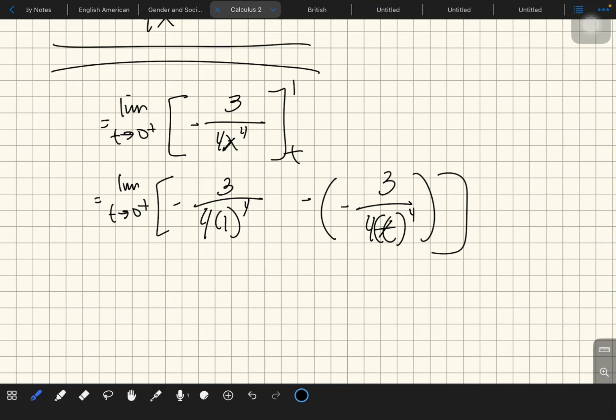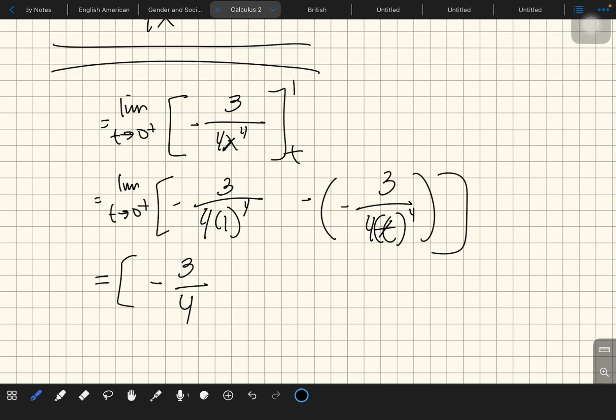So let's apply the limit. 1 raised to 4 is 1, so 4 times 1 is 4, so it will become negative 3/4.